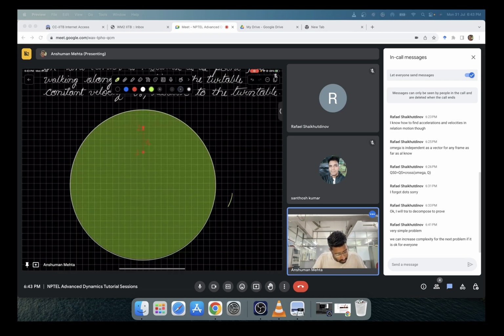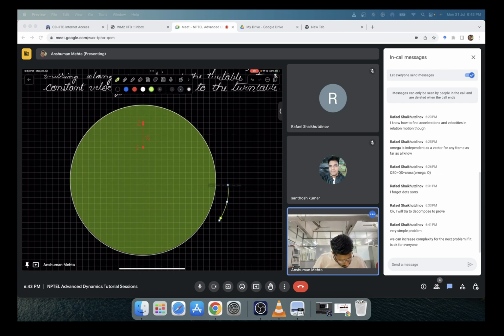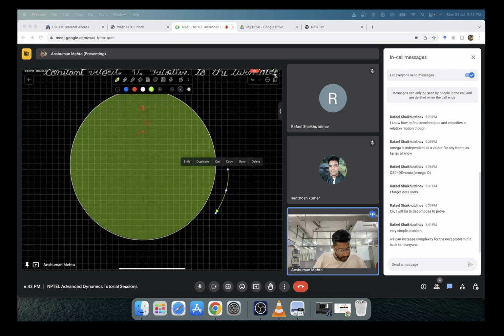And this table is also rotating with the constant angular velocity omega naught.